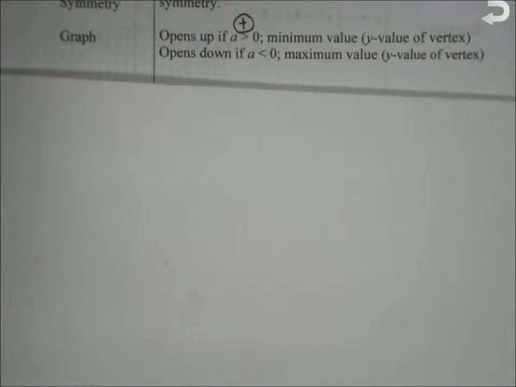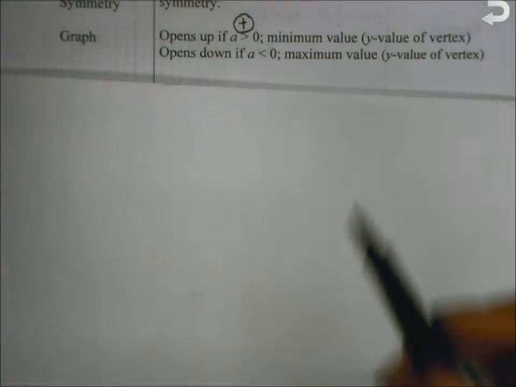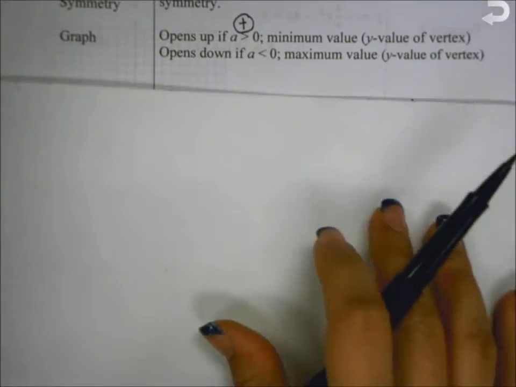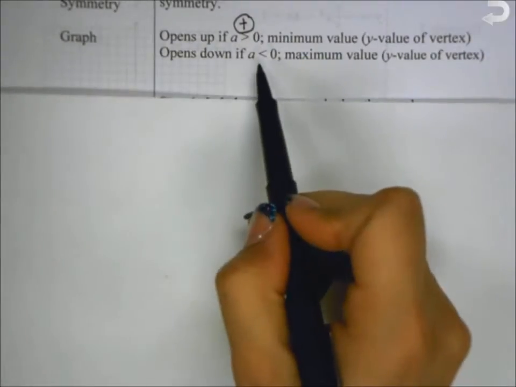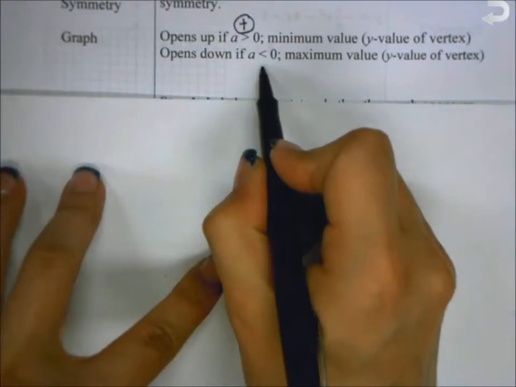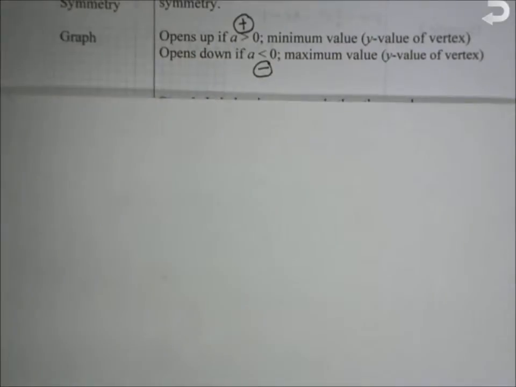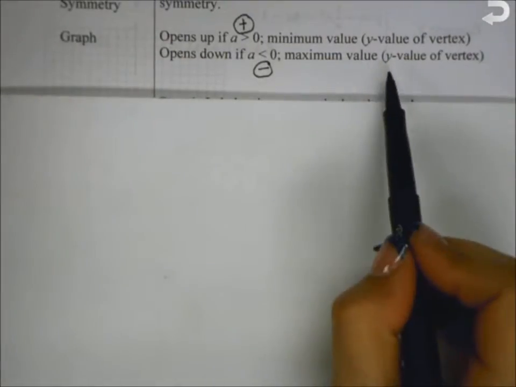And that minimum value is the y value of the vertex. If a is less than 0, which means negative, our graph is going to open downwards, so we're going to have a maximum value. And that maximum value is the y value of the vertex.